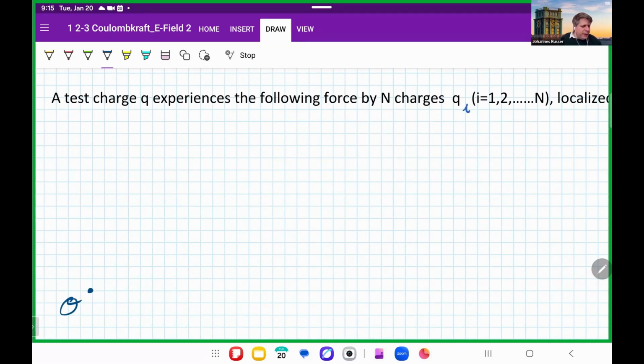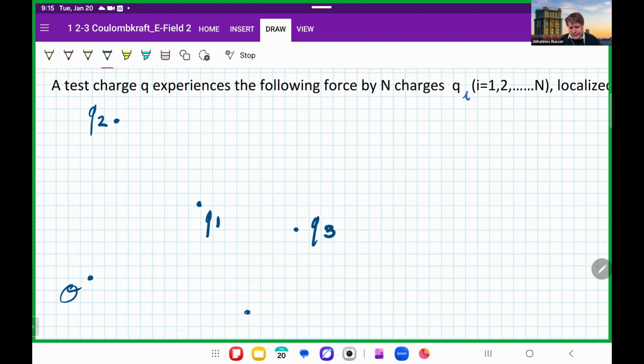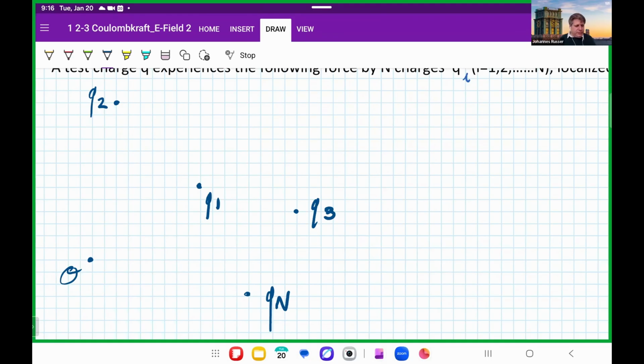Then we have our first charge, Q1. We have a second charge, Q2 here. And we put here a third charge, Q3, and so on till we get to our charge Qn. And then we also put in our test charge, over here.